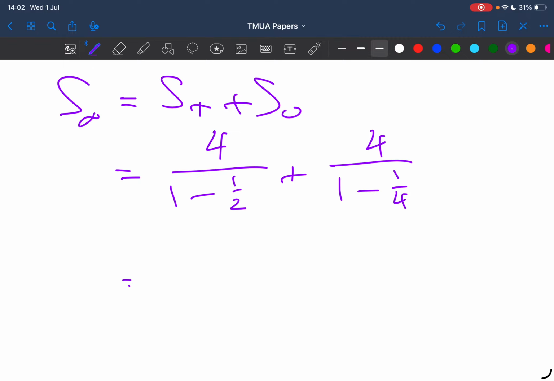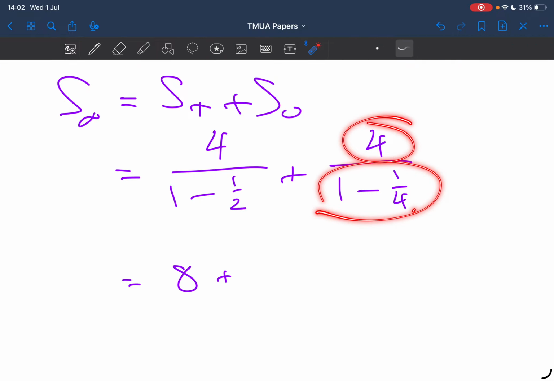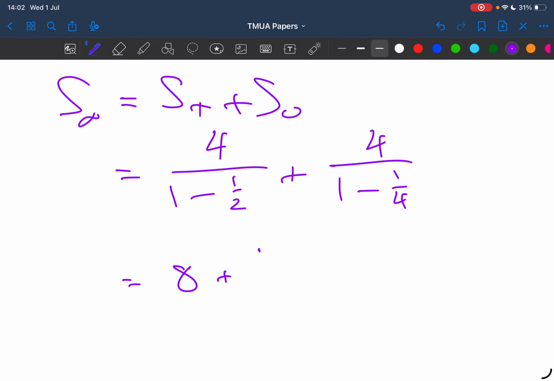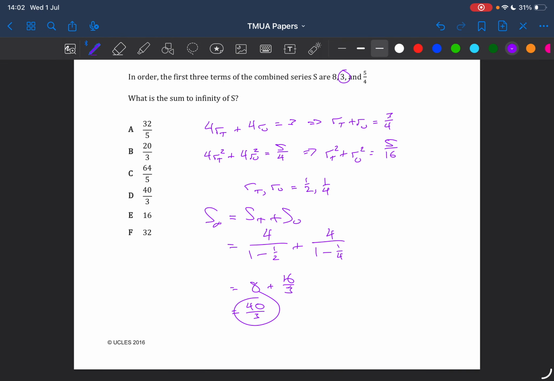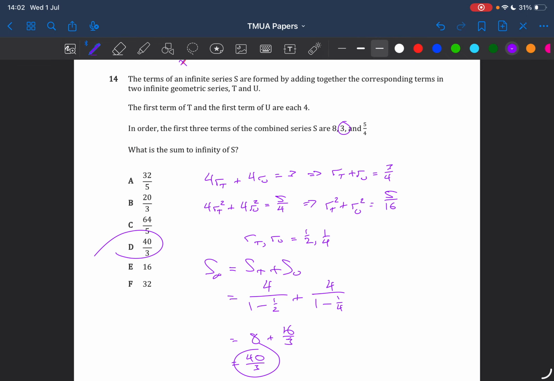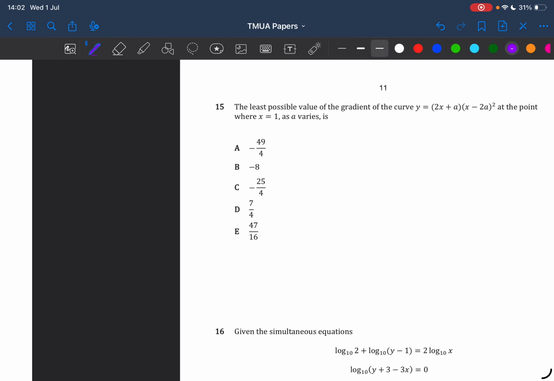So one on the left, half on the bottom, so it's going to be 8 altogether. And then over here is 3/4, so it's going to be 16 on 3 when you times by the 4. 8 is 24 on 3. So it's 40 on 3 altogether. Is that an answer? It is. What number is this? 14D. Lovely. Looks good. Let's keep going.